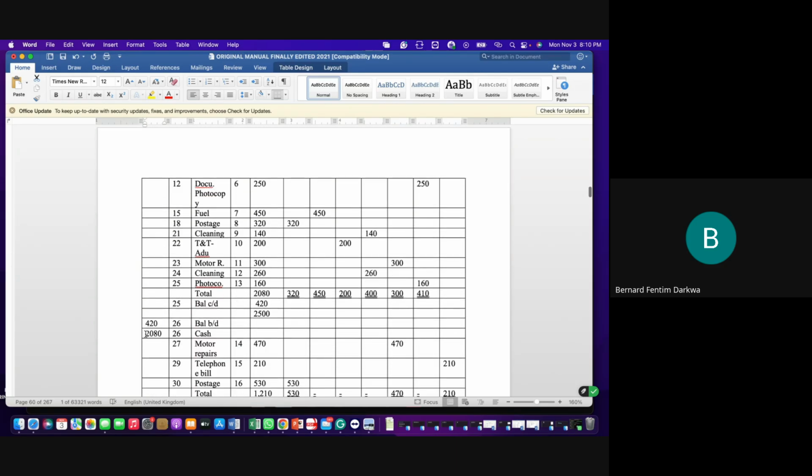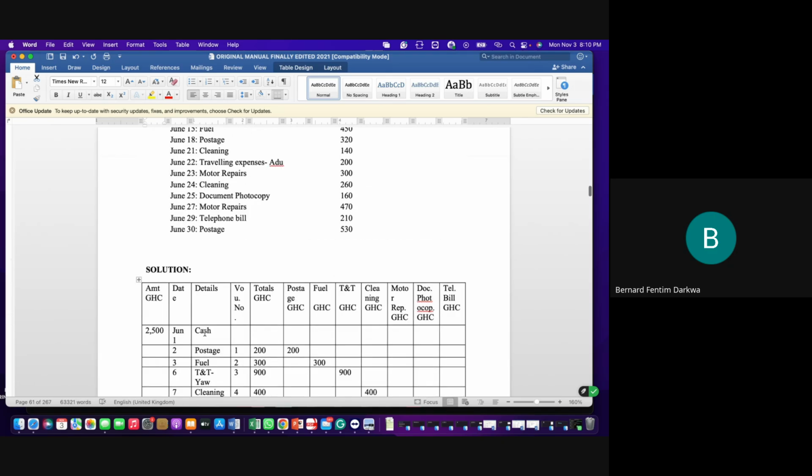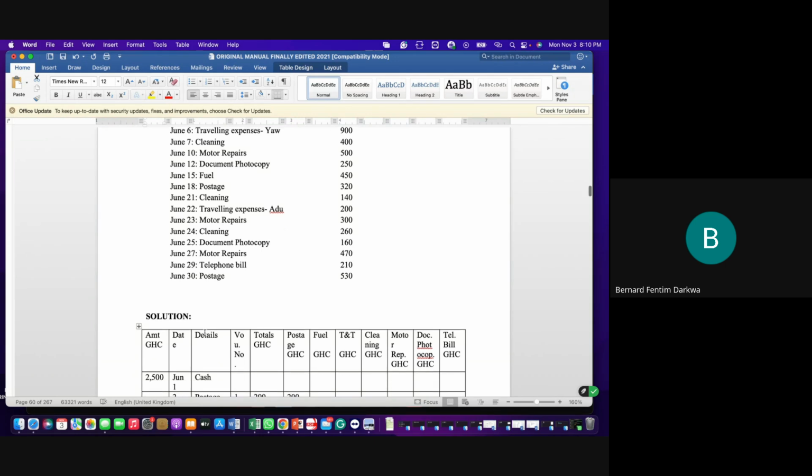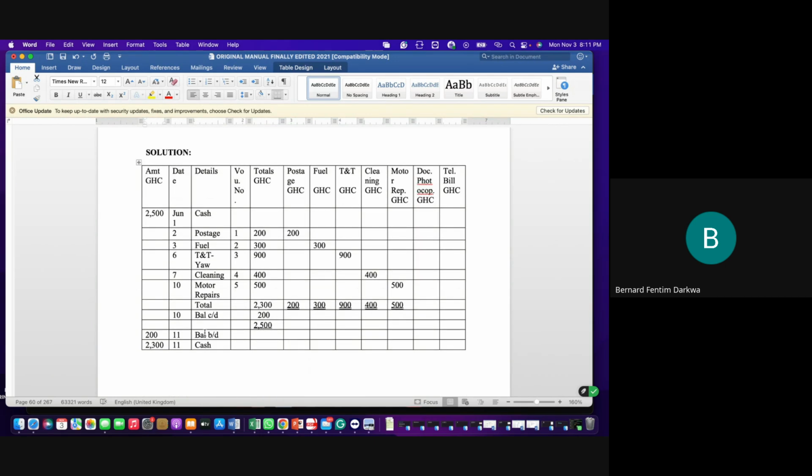Apart from that, you don't receive anything else. It's not like a cash book that has a debit side and a credit side. Everything is expense, so you are just putting the expenses under the individual expense item.